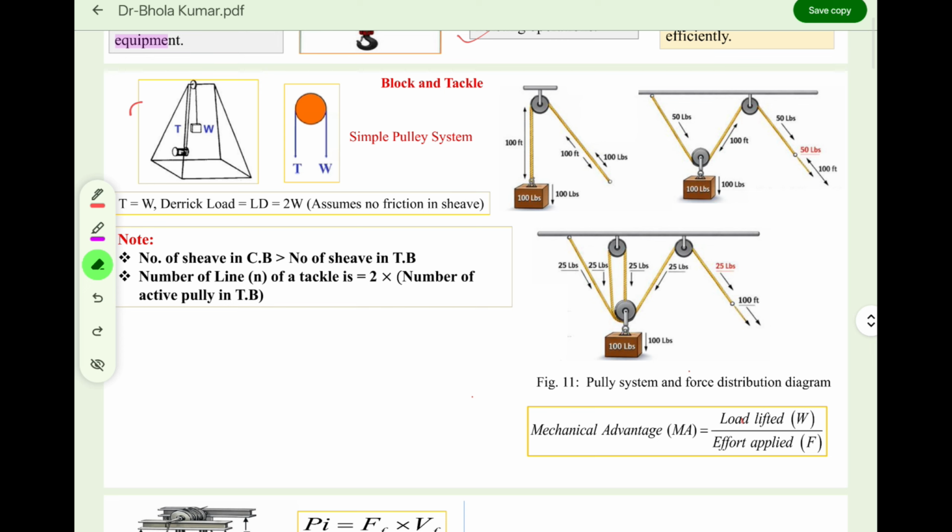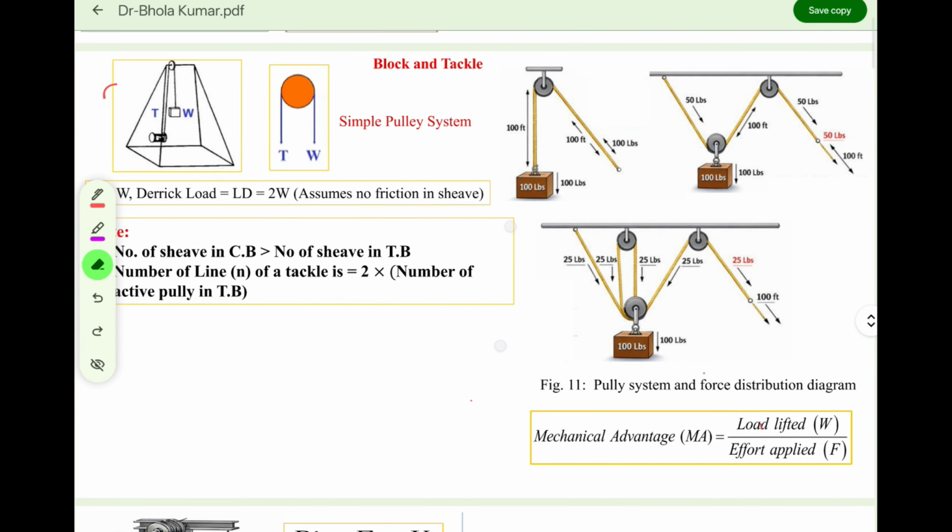The basic meaning of mechanical advantage is applying minimum effort and minimum force, lifting maximum load. अगर इफ़ आई हैव टू स्पीक इन हिंदी, सिंपल भाषा में, कम लोड अप्लाई करके ज़्यादा लिफ्ट करने को हम लोग मैकेनिकल एडवांटेज बोलते हैं. Simple. Now if you want to understand using this diagram, these 3 diagrams will give you a clear picture about the mechanical advantage. Let's try to understand.